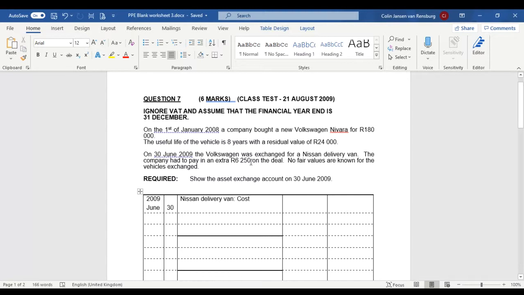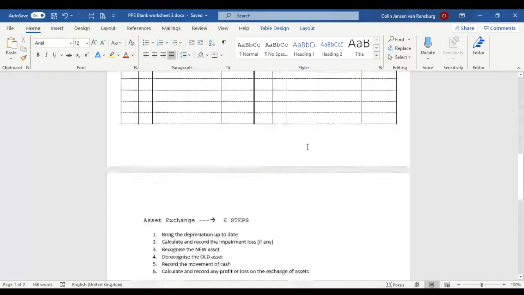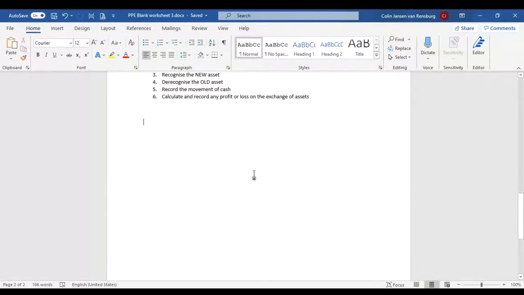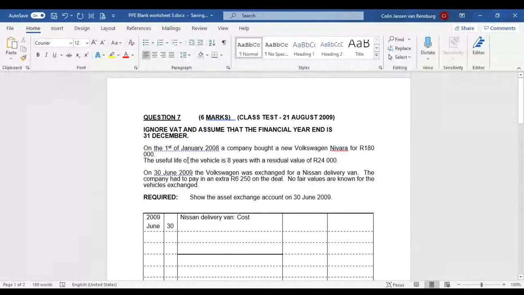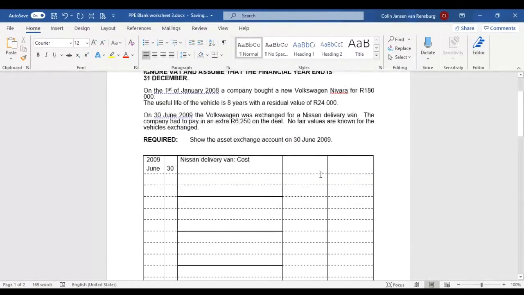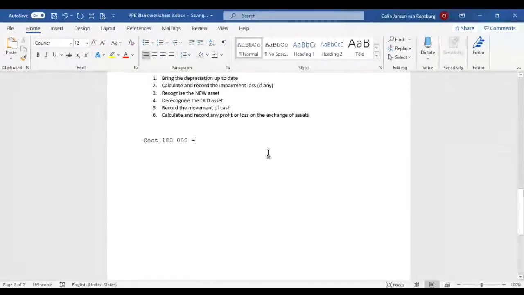Let's see. So the cost of that Volkswagen Navara was 180,000 rand. So let me just type it here at the bottom. Cost was 180,000. Right. What is the residual value? The residual value is 24,000 rand.